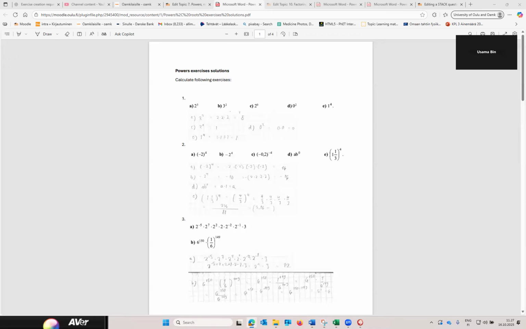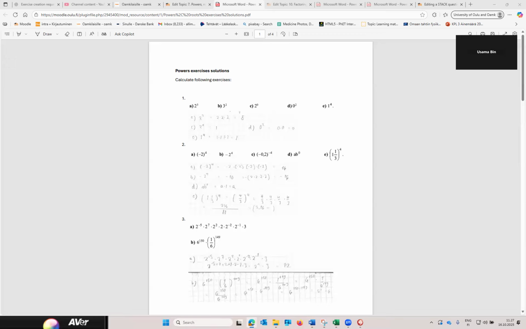Now I guess there's no other option but to do it. This is maybe an exercise in how to use the calculator. I have this kind of nice thing here, so I can even do it like this. With not all calculators is it possible. And I get it.